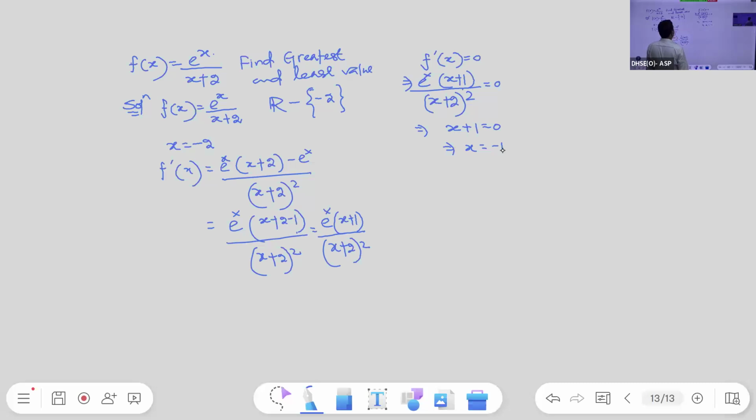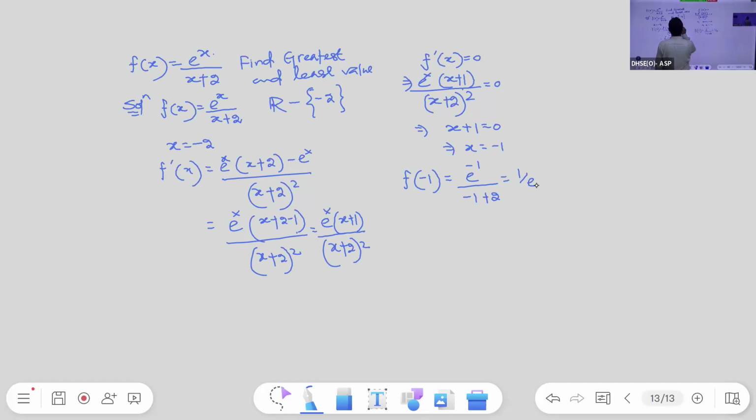Now we have to find the value at this point. f of -1 is equal to e power -1 upon (-1 plus 2), that is 1 upon e.